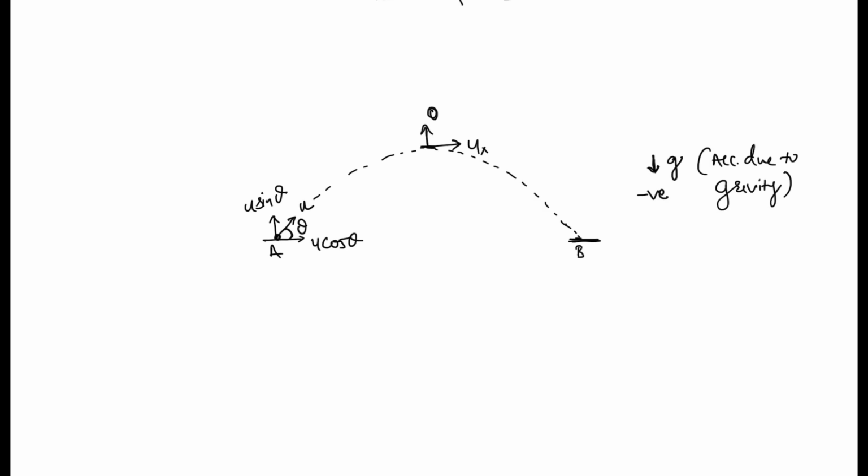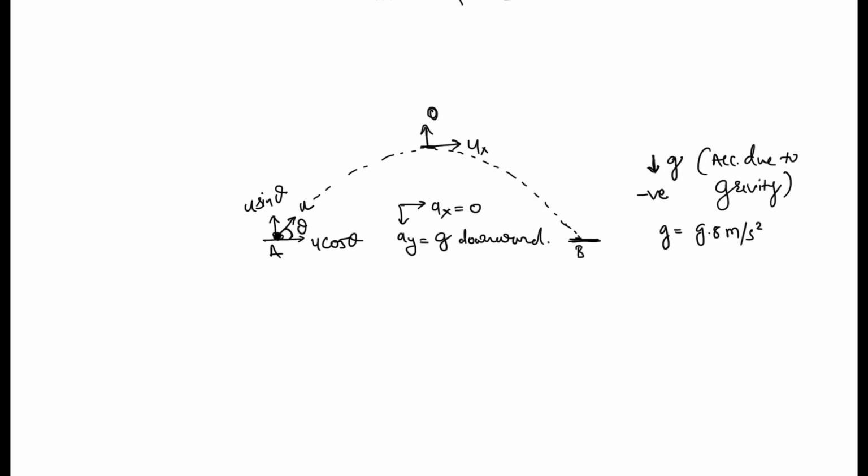The magnitude is constant: g is equal to 9.8 meter per second square. If we want to analyze the acceleration in horizontal direction, here there is no contact force, so no force is applied on the ball in horizontal direction, so there will be no acceleration in horizontal direction. So we can say that ax is equal to 0 and ay is equal to g, downward.